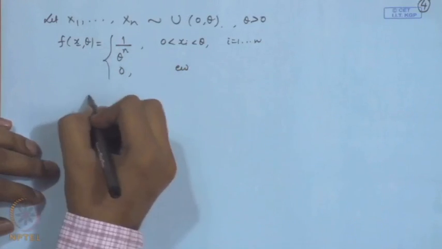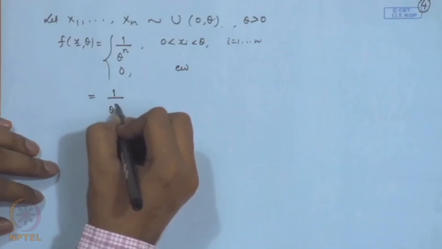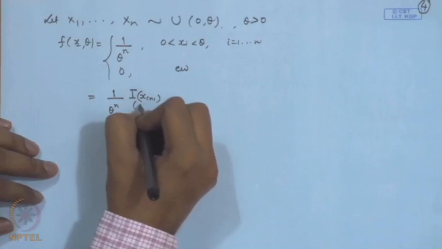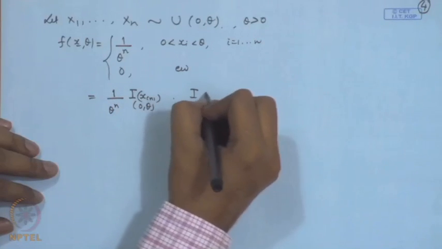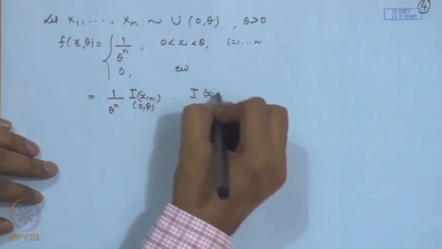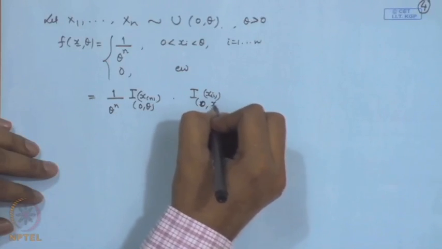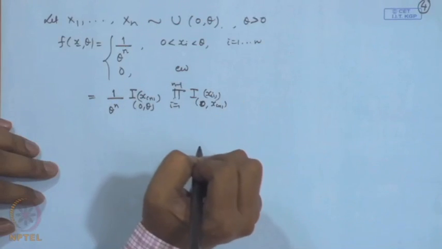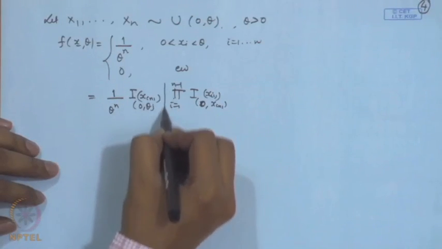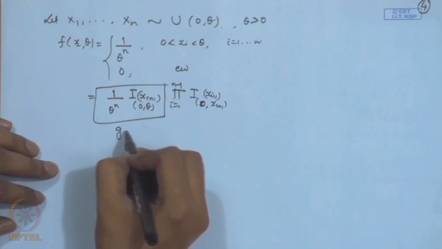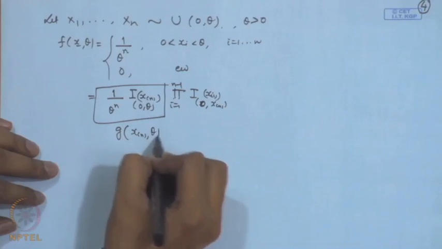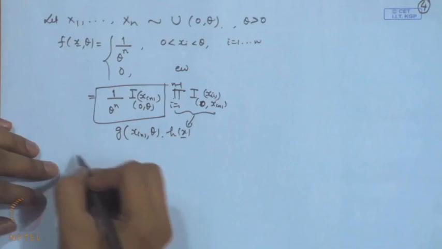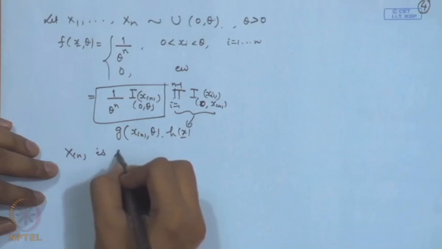So, this part we will express as 1 by theta to the power n, indicator of x n from 0 to theta, and the other x I's are from 0 to x n for I is equal to 1 to n minus 1. So, you can see this portion we can express as g of x n and theta, and this part we can write as h x. So, x n is sufficient.